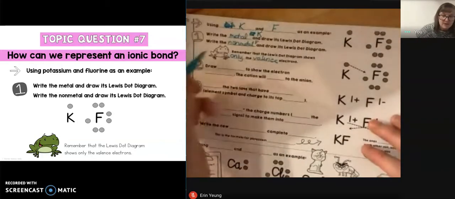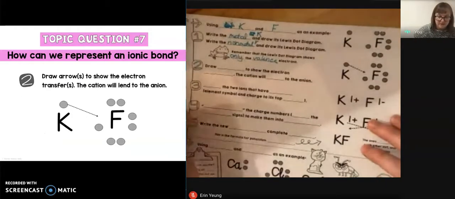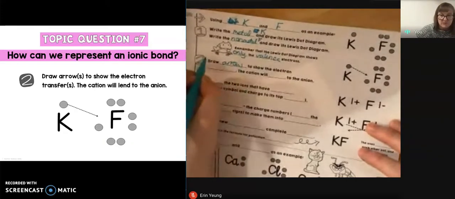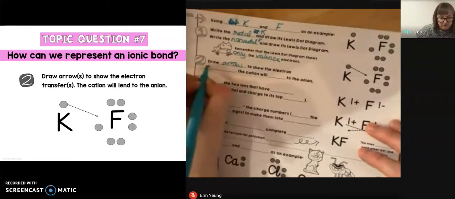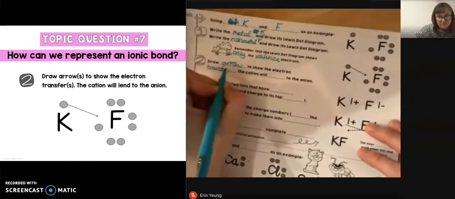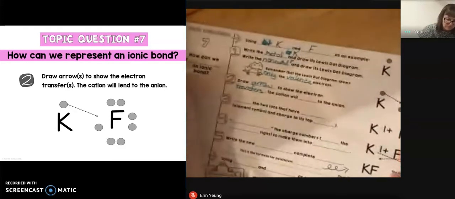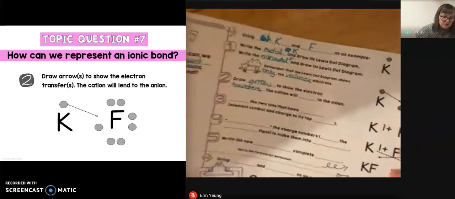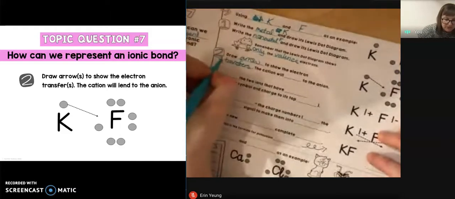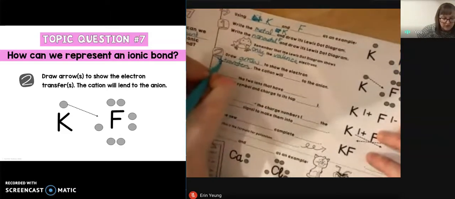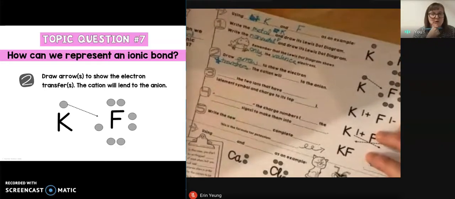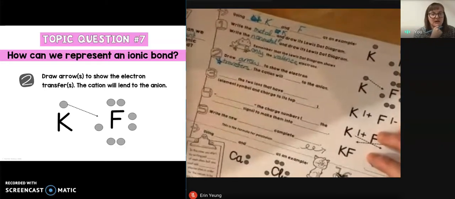So now we've drawn them, and we're going to use an arrow to show where our electron transfers. This is how we can represent an ionic bond. So it's very important, this word transfers, because the transfer of the electrons is what makes the ionic bond.